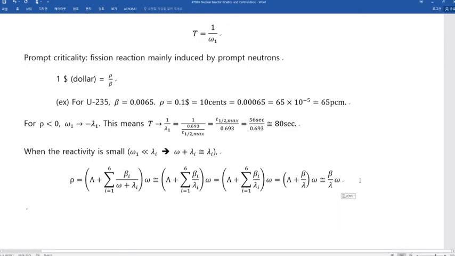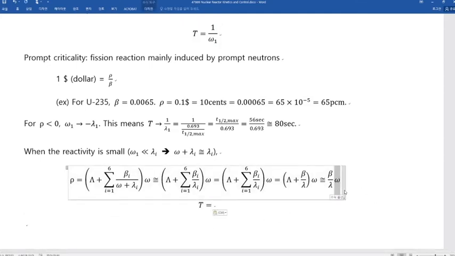So what does this mean? Then, of course, the reactor period should be calculated. If this one equals 1 over T, then omega 1 will also satisfy this relation.